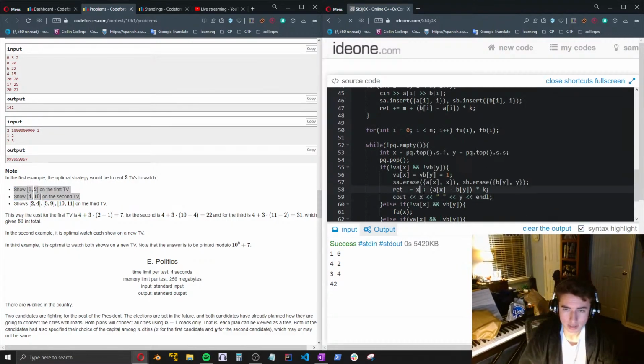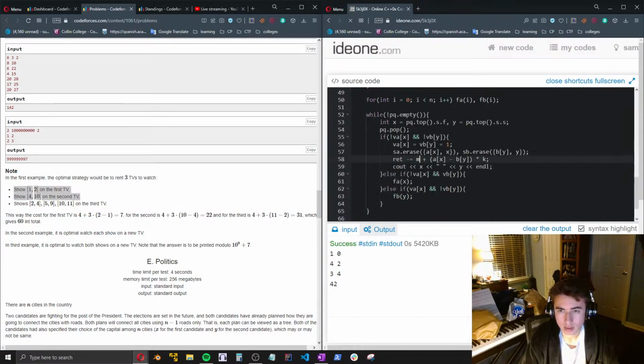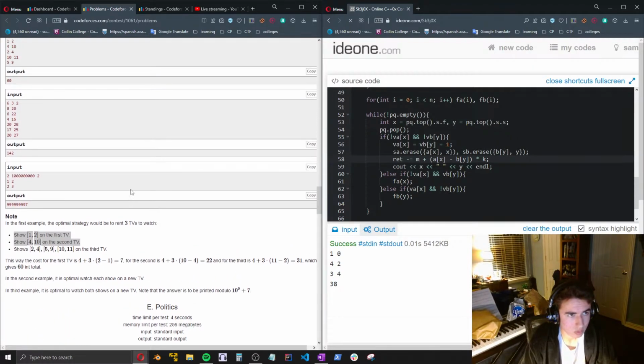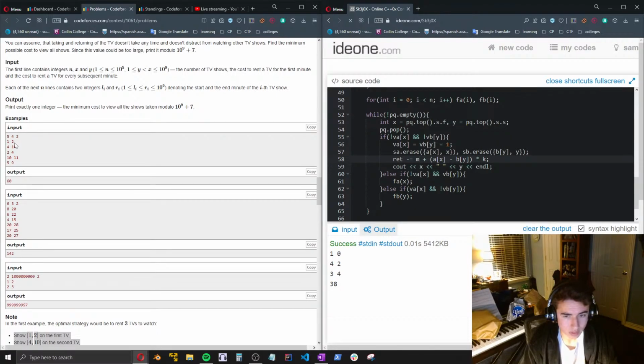Why is this being fixed? Well, that's even worse. It's combining these and these.